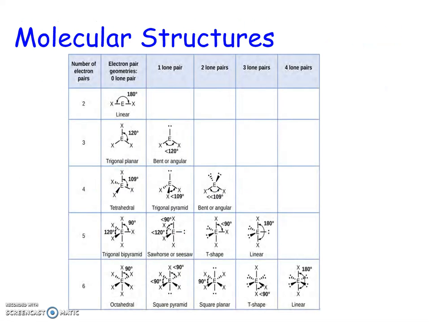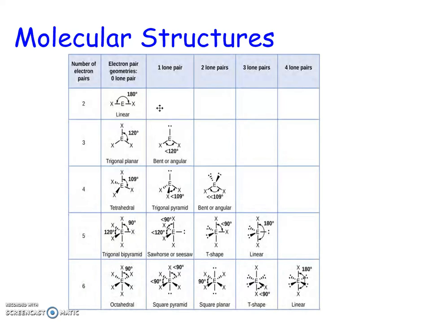So again, the molecular structure is describing the relationship between just the atoms that are present, not any lone pairs. If there are no lone pairs, then the molecular structure will be the same as the electron pair geometry. 2 is linear, 3 is trigonal planar, 4 tetrahedral, 5 trigonal bipyramidal, and 6 octahedral.